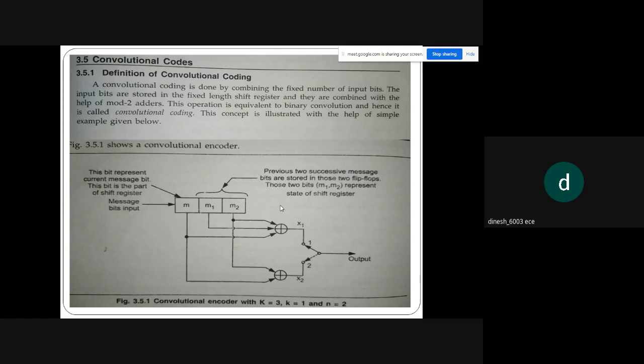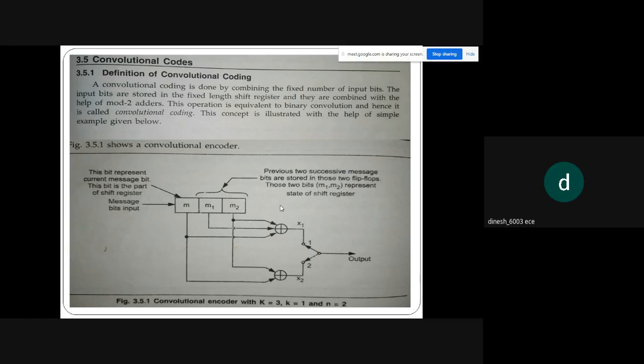We'll be having a single input and the output will be having two sequences. Since we have two message bits in flip-flops representing the state of the shift register, we'll be having two outputs, x1 and x2, similar to G1 of P and G2 of P in cyclic codes.